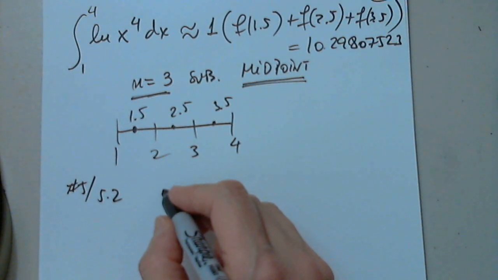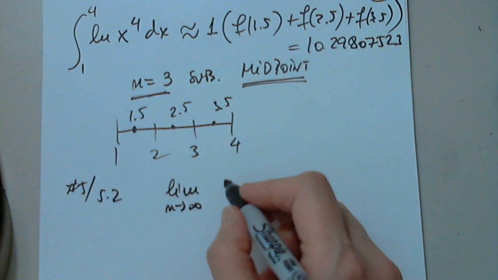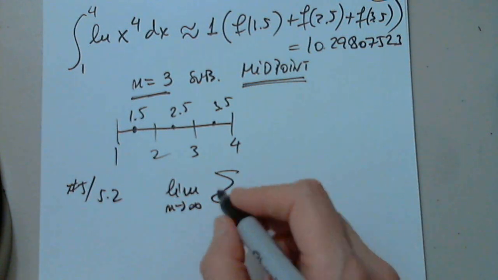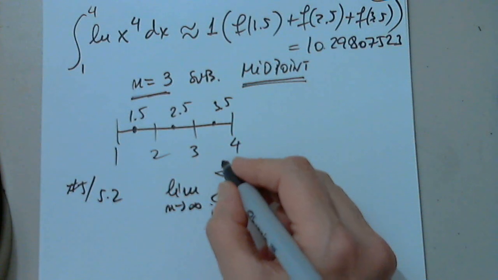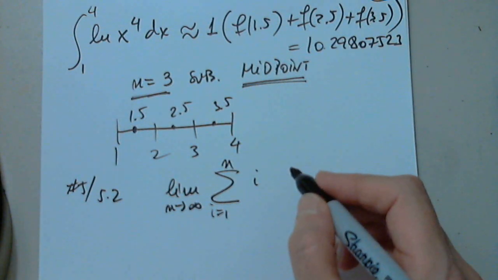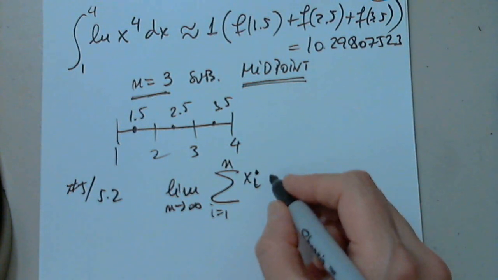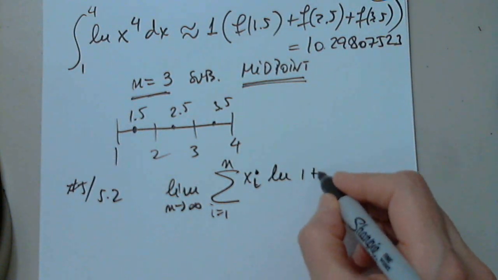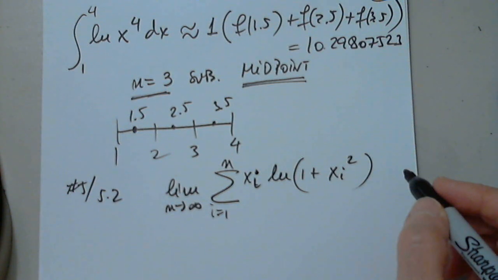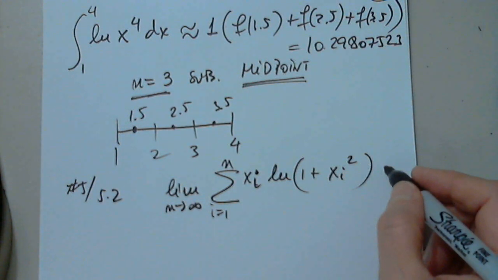The limit as n approaches infinity of the sum from i equals 1 to n of x_i times natural log of 1 plus x_i squared, times delta x, on the interval 0 to 3.